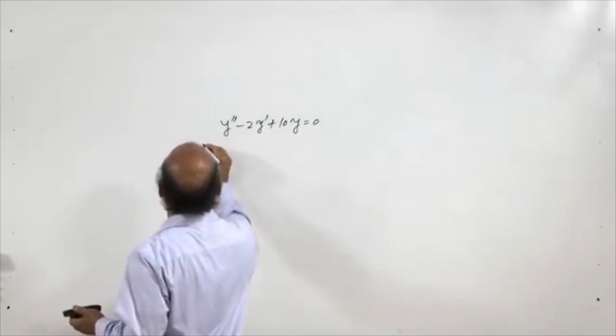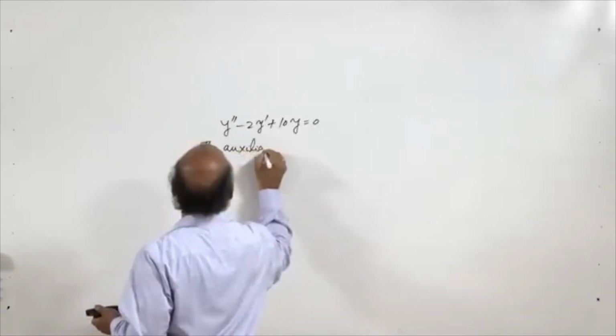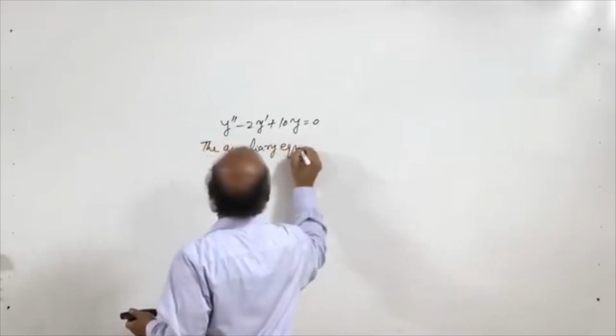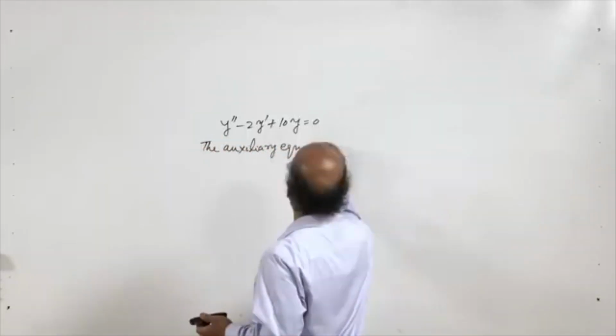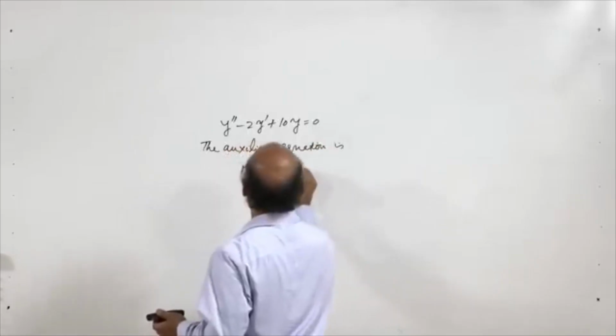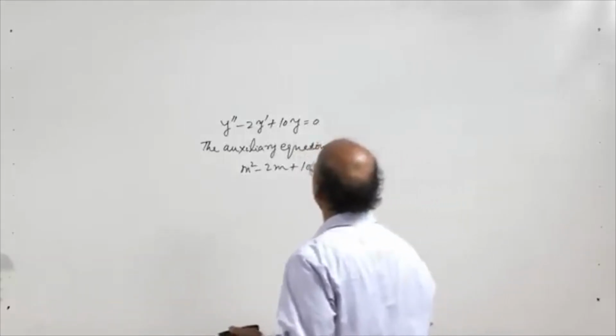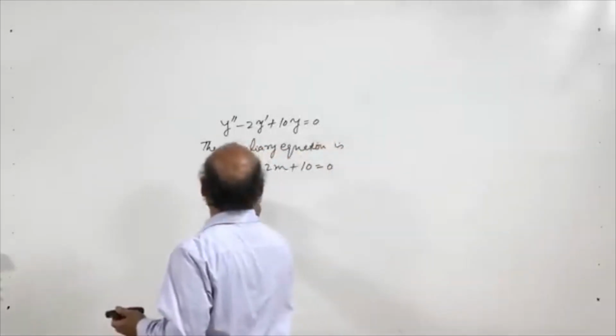So here the auxiliary equation is m square minus 2m plus 10 equal to 0. So we can find m.